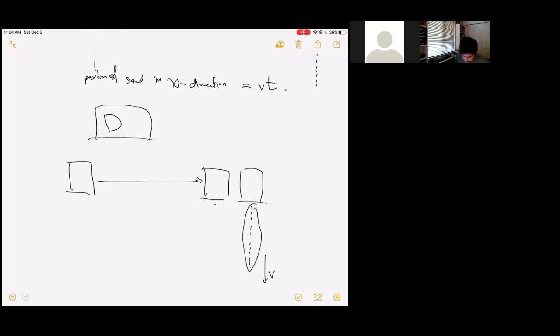Once it reaches all the way over here, let's say this is its final state, it'll have a bunch of sand below it. But in that amount of time, this original sand right here would have already fallen by a speed v. Does that make sense? So this will now be shifted down by v.